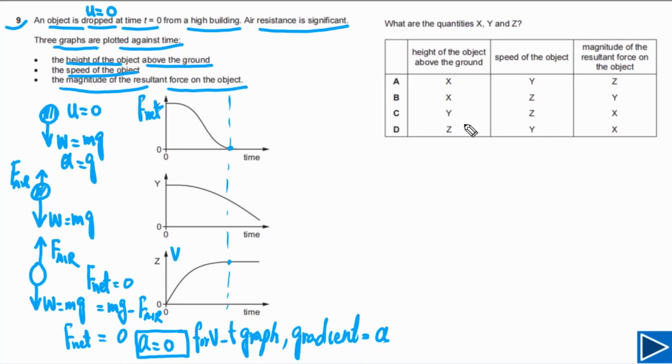So simply Z in this case is representing speed of the object. X is representing F net. And Y is the height of the object above ground, means object is still falling. So this one is for height. So our answer for this question is C.